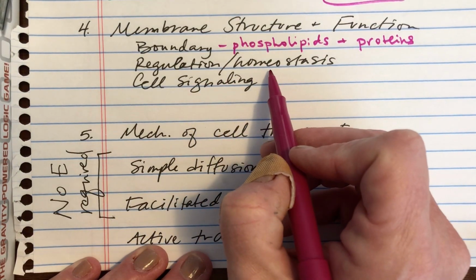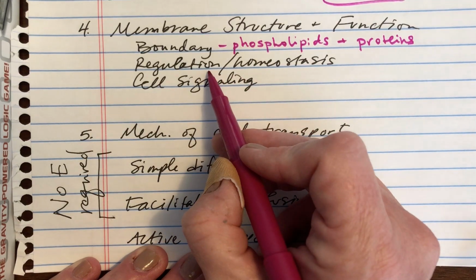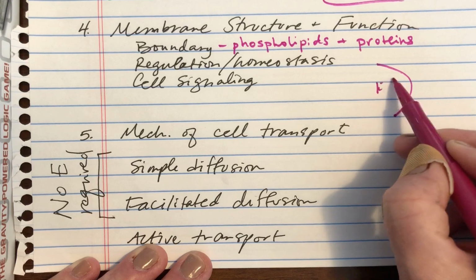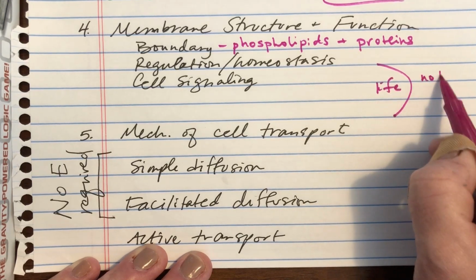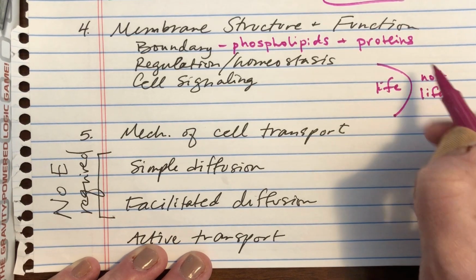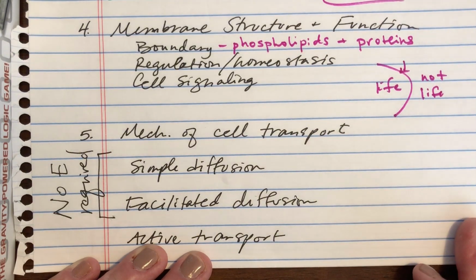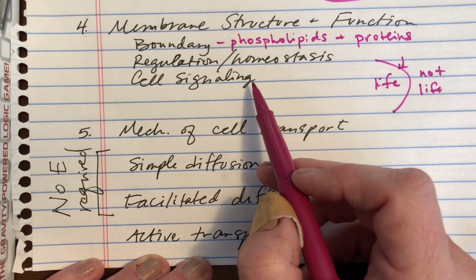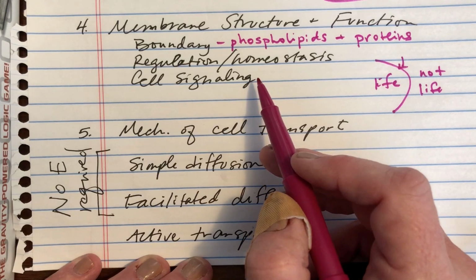Plasma membrane maintains homeostasis by regulating what gets in and out of the cells. So here you got this boundary of a living thing and a non-living thing. You gotta have some skills at controlling how things move across that boundary. And then the third thing plasma membrane does is play a real important function in cell signaling.